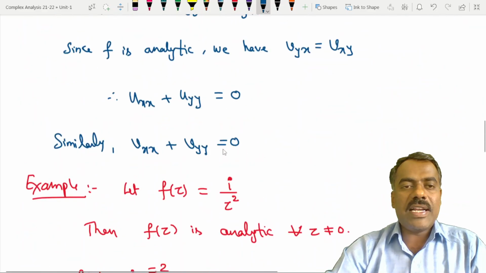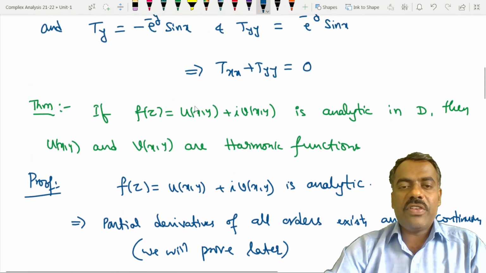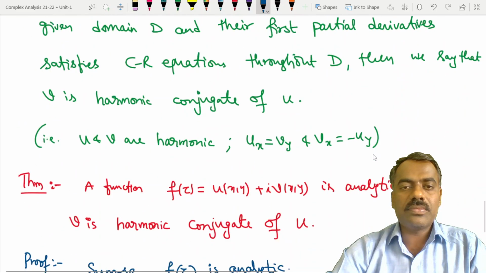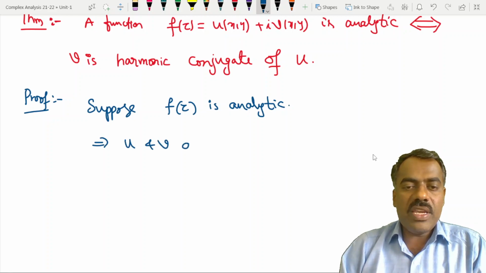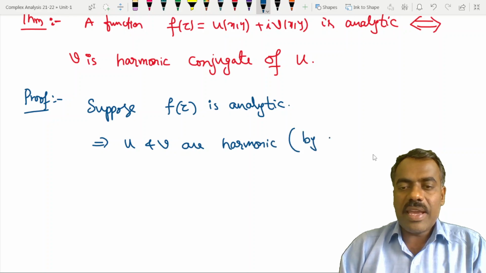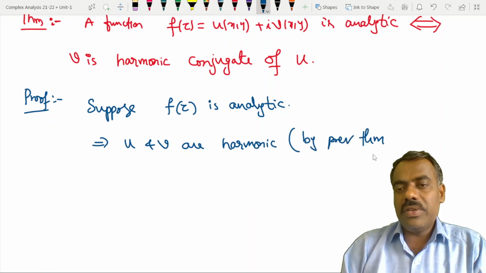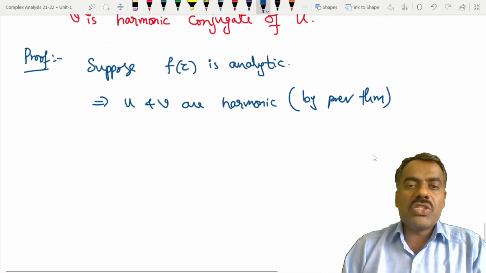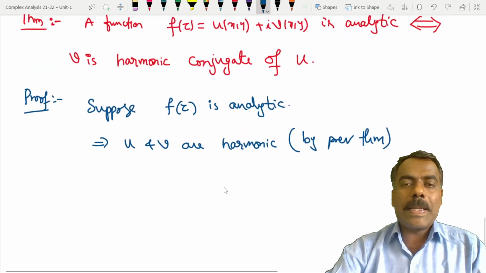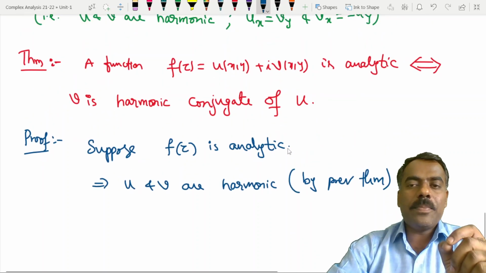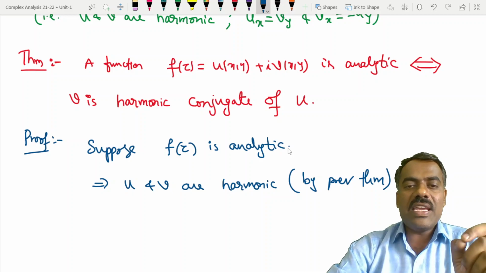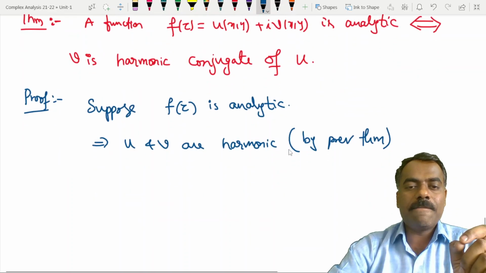But we already proved that if your function is analytic, then u and v are harmonic functions. This implies u and v are harmonic by the previous theorem. Also, because f of z is analytic, it is in particular differentiable at every point in that domain, right? So they satisfy CR equations in that domain, right? Yes or no?